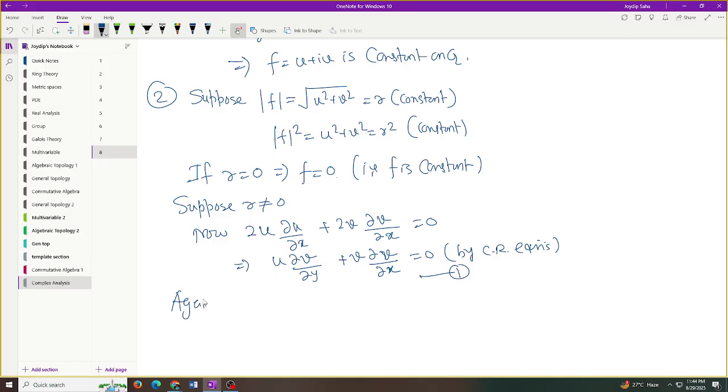Again 2u del u del y plus 2v del v del y equals to 0, minus u del v del x plus v del v del y equals 0. Number 2.